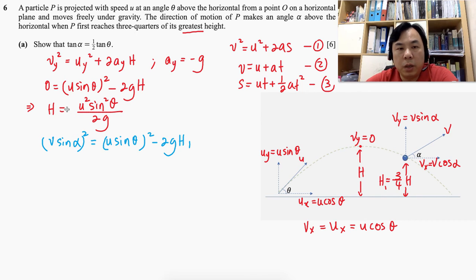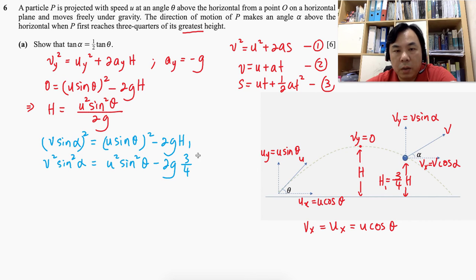We know that h1 is basically given by 3/4 of that. So from here, we will be able to get v sin squared alpha equal to u squared sin squared theta minus 2g, where h1 is 3/4 of the maximum height, which is this part here.